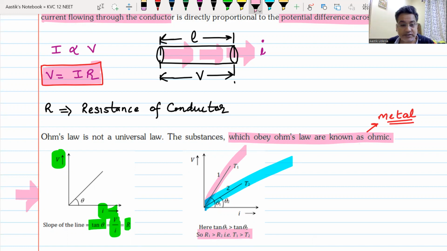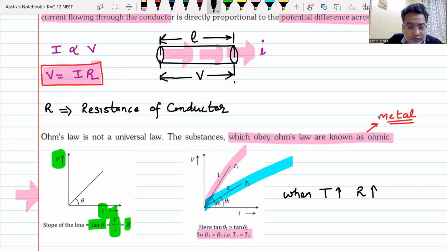That means the temperature T1 is more. So when temperature increases, the resistance of the wire also increases. Do we understand this? Now I'll give you 2 minutes to note it down. Tell me once you are done.